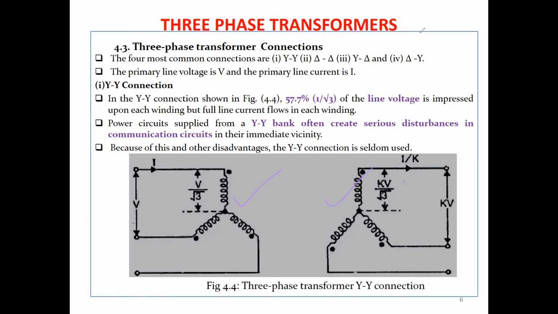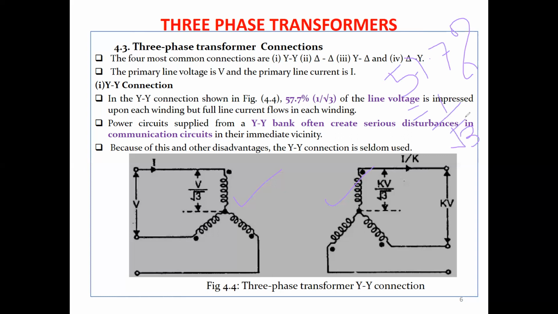So when you connect a star to a star connection, shown here in our figure 4.4, there is an allowance of 57.7%, which is 1 over root 3.